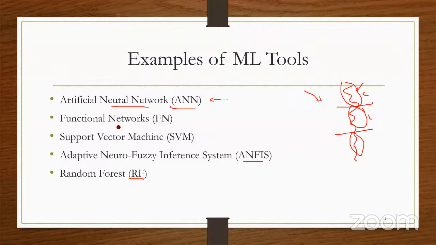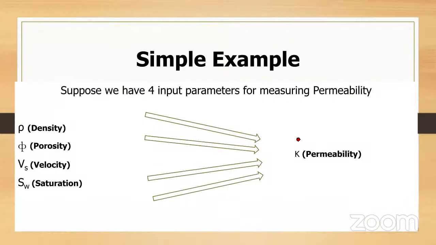There are a lot of different machine learning tools that you can have in different languages like Python or MATLAB, and you can use them based on your application or your problem. So let's start with a simple example in order to understand how the artificial neural network works.